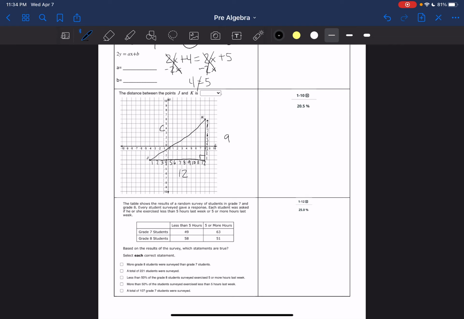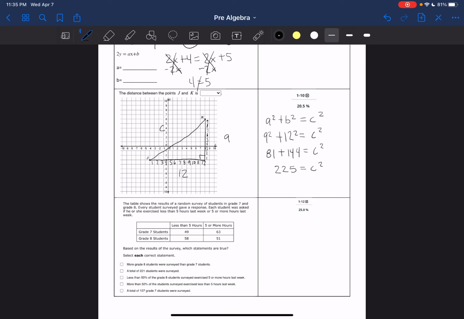Pythagorean theorem tells me to take my 2 leg measurements, a squared plus b squared, add them together, and that will give me c squared. So if I said 9 squared plus 12 squared, that would give me c squared, or 81 plus 144. 9 times 9 gave me 81. 12 times 12 gave me 144. 81 plus 144 comes out to 225.